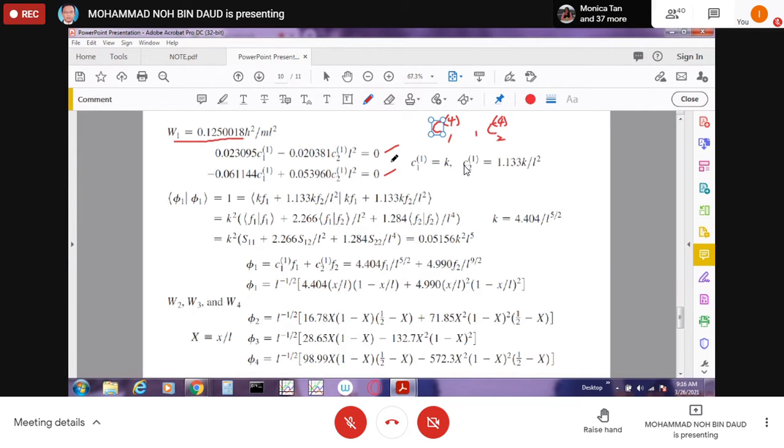So we can write C1 in terms of C2, or C2 in terms of C1. Let's say we write C2 in terms of C1.